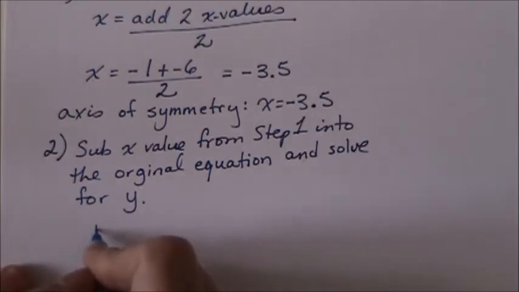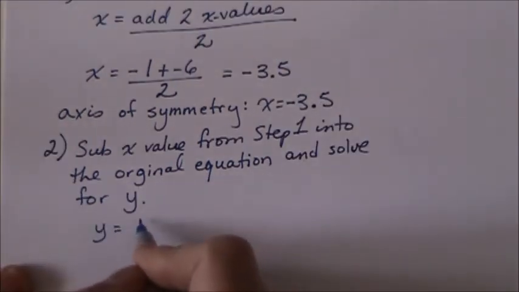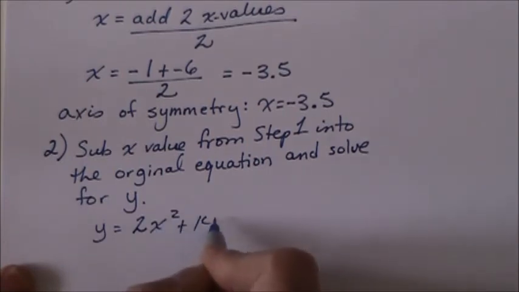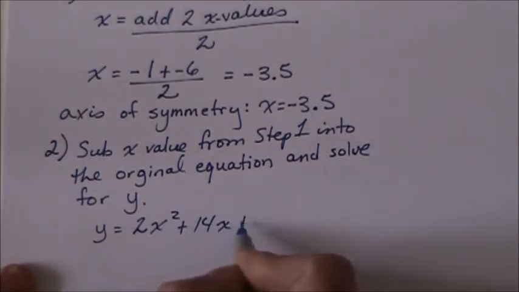The original equation was y equals 2x squared plus 14x plus 12.